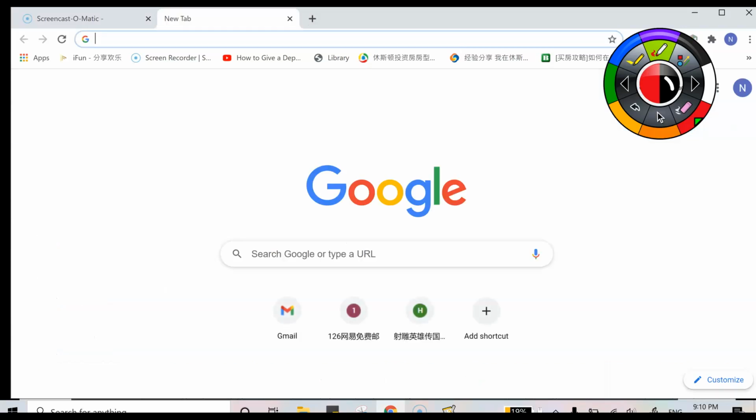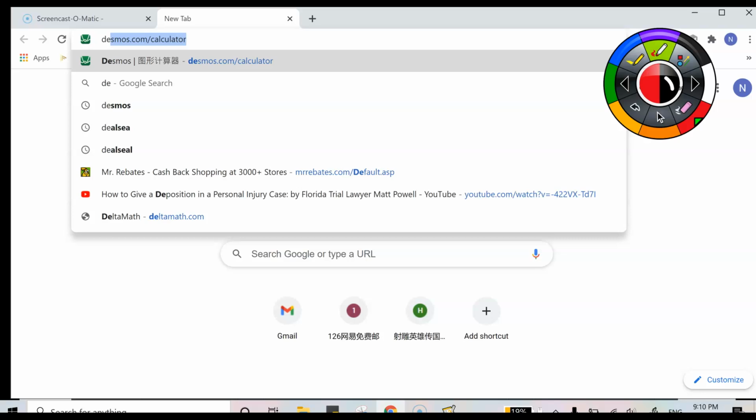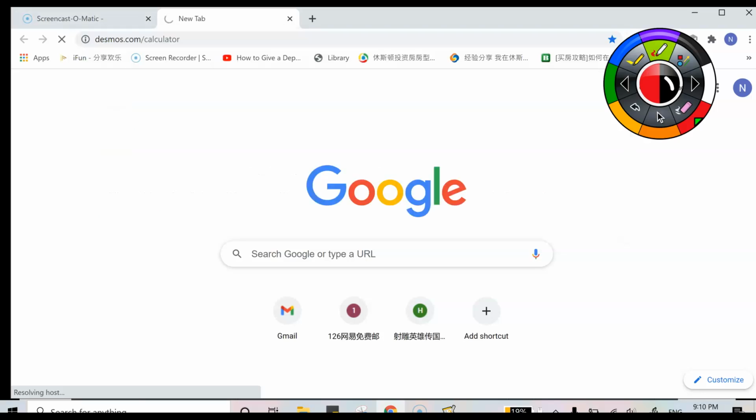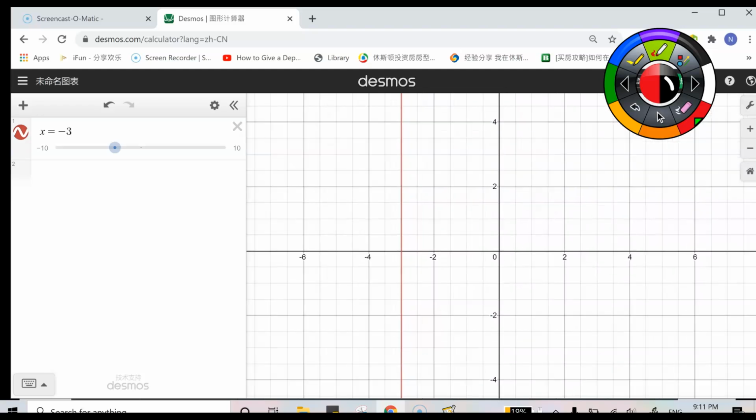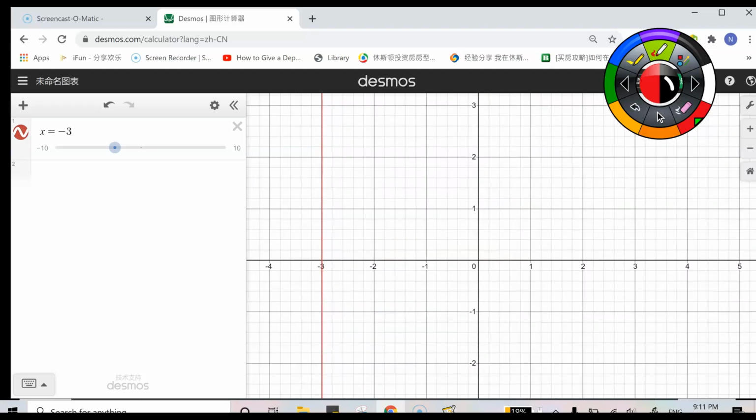So search for Desmos. I already have it here, right? So let's go there and plug in the first inequality in the problem, which is x. And let's change the inequality symbol into an equal sign because Desmos only recognizes the equal sign. Okay? -3.